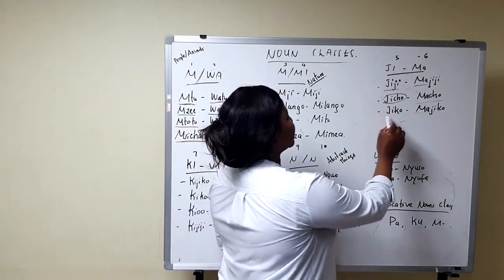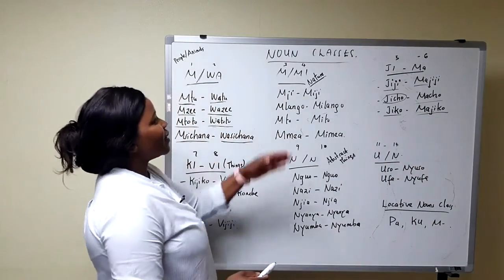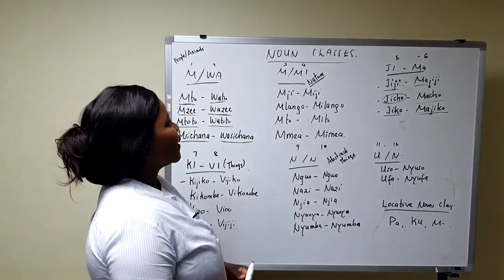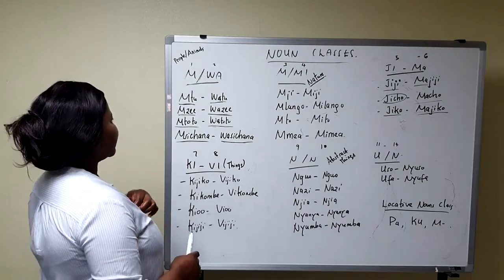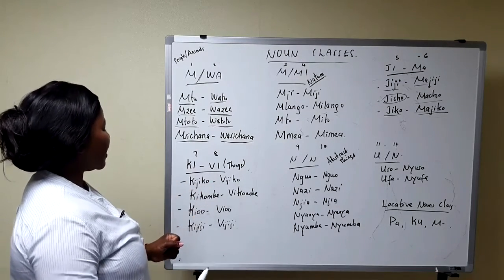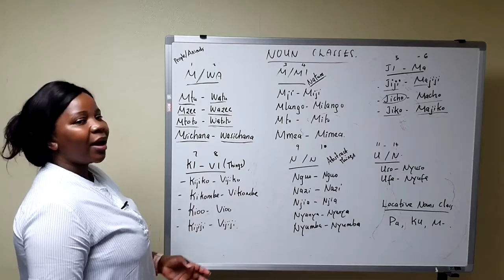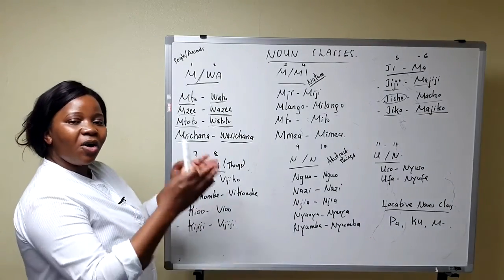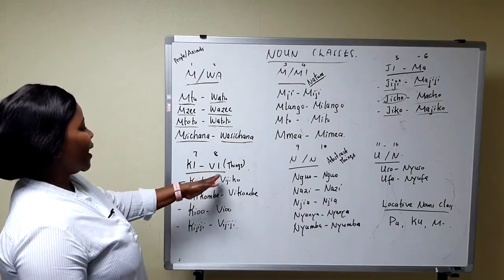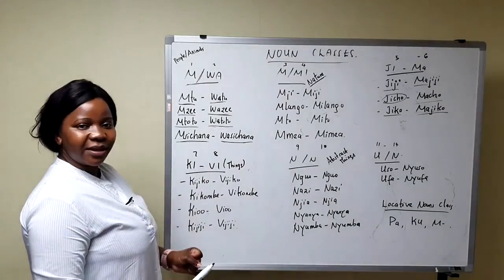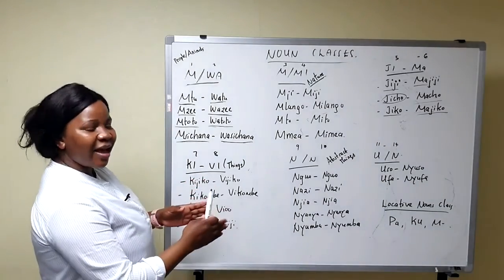So jiko, this is kitchen, and majiko, kitchens. Okay, so the fifth and the sixth class is Jima noun class. Okay, and the seventh and eighth noun class is Kiwi noun class. So in this class, it talks about all the things. All things are grouped into this class that starts with ki and v. Ki for the singular and v for the plural. Okay, based on the characteristics of the noun and the prefixes.